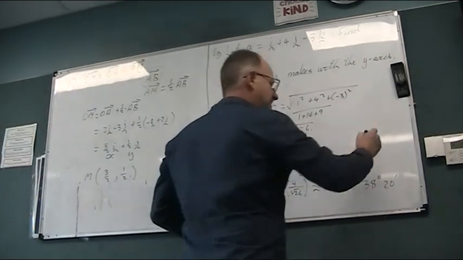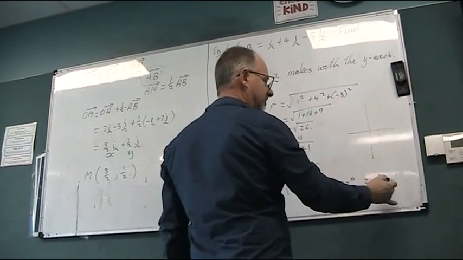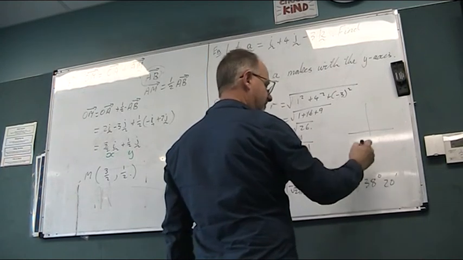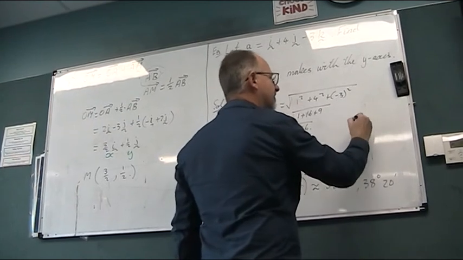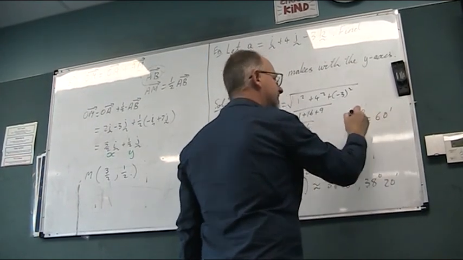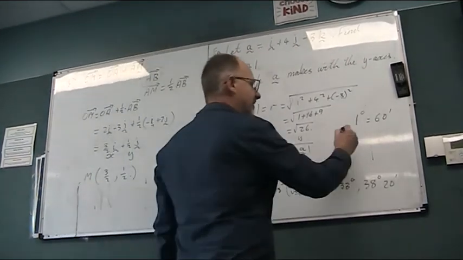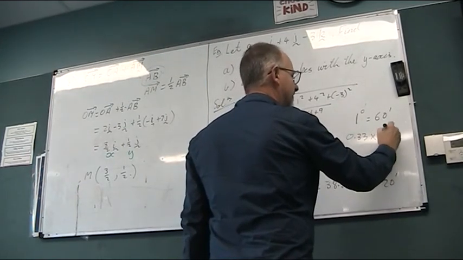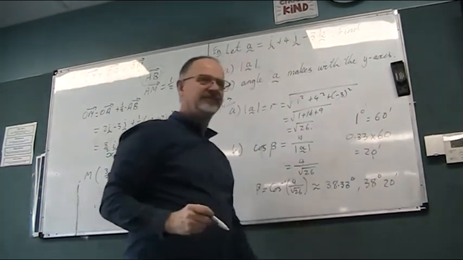If you want to break a degree, instead of breaking a degree up into decimal bits, you break a degree into 60 minutes, into 60 bits. So to find the 20 minutes, you go 0.33 times 60. That's 20 minutes.